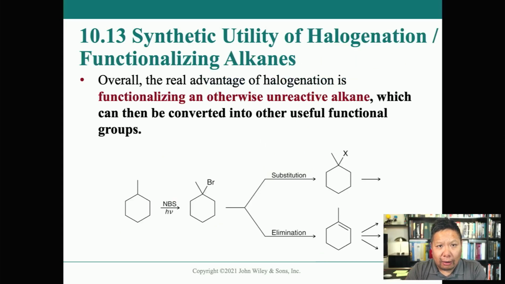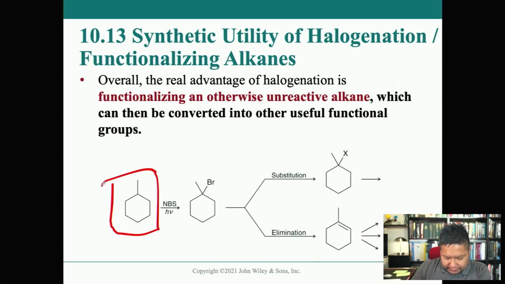So overall, the real advantage of halogenation is functionalizing an otherwise unreactive alkane, which can be converted into other useful functional groups, right? So here we have this 1-methylhexane. And you can use NBS and light to add a bromine to it via a radical mechanism.